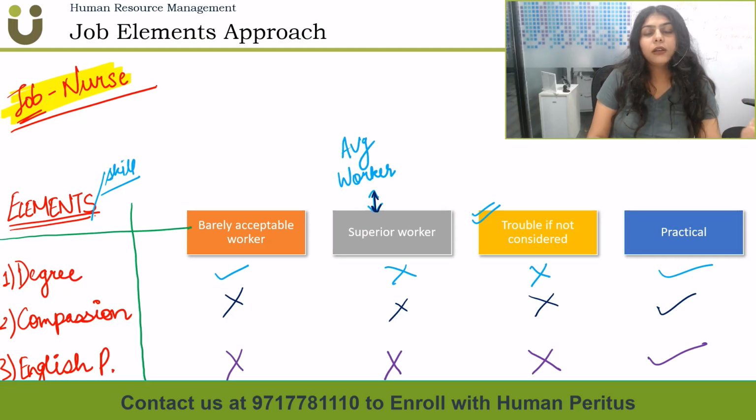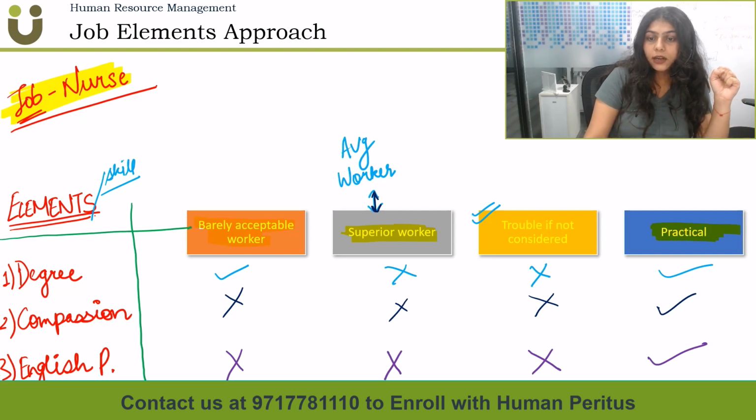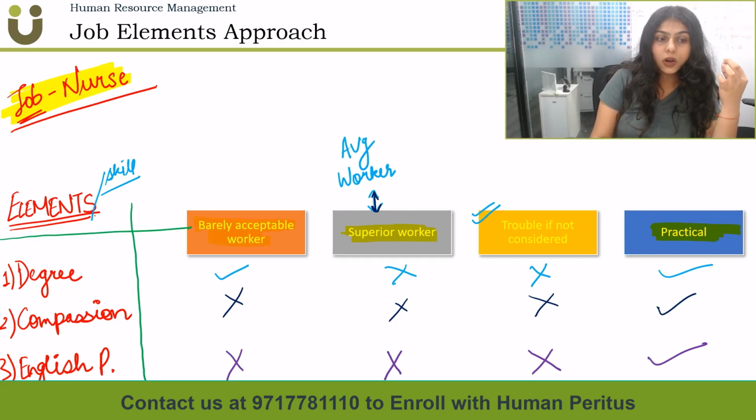So what happens in this model is you have 4 parameters which remain constant. So these are the 4 parameters: practical, trouble if not considered, superior worker, and barely acceptable worker. These are the 4 parameters which remain constant, and these are the 3 elements that I have chosen.